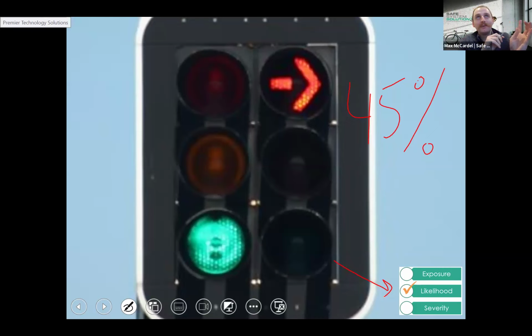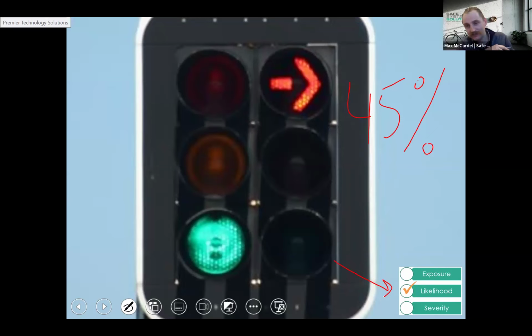So very, very important for traffic engineers to understand that traffic signals do offer safety benefit, but they do not completely eliminate the risk of fatal and serious injuries.